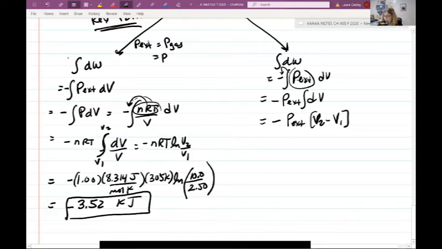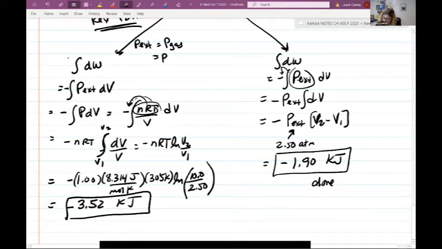Remember that this was constant at 2.50 atmospheres. We did this in class last time, and we ended up with negative 1.90 kilojoules.